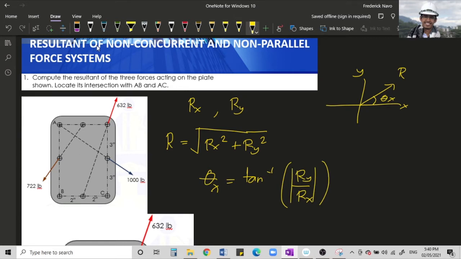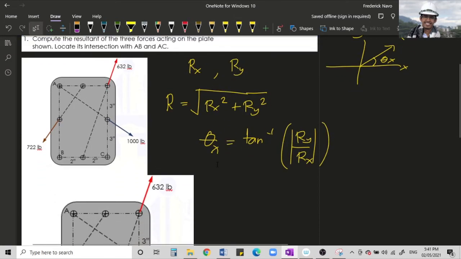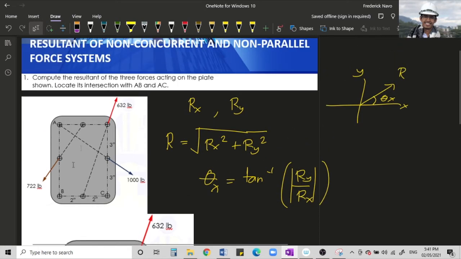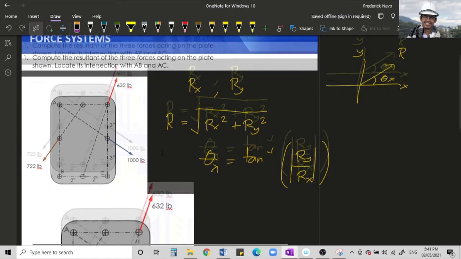Okay? So, ayun. So, in this case, yung problem natin, meron tayong plate dito and we have three forces acting on it. So, compute the resultant and yung location ng kanyang intersection with AB and AC. So, first, dun muna tayo sa resultant.